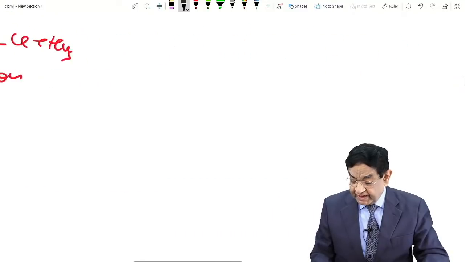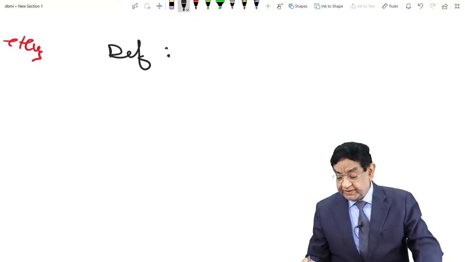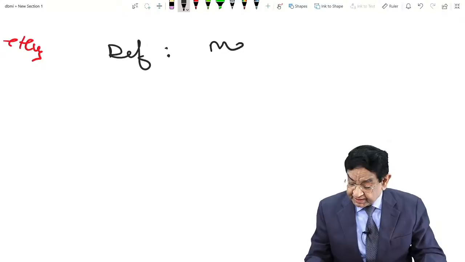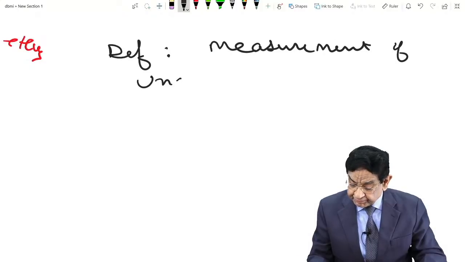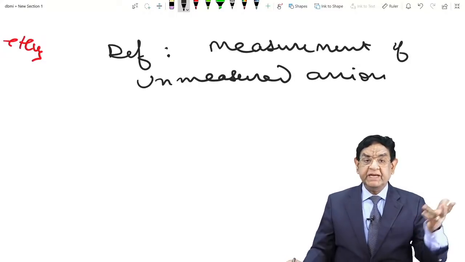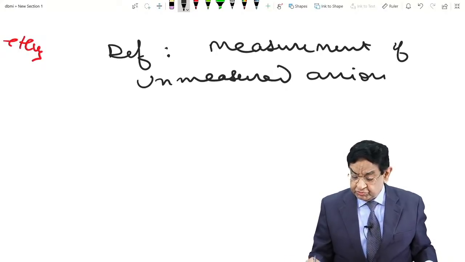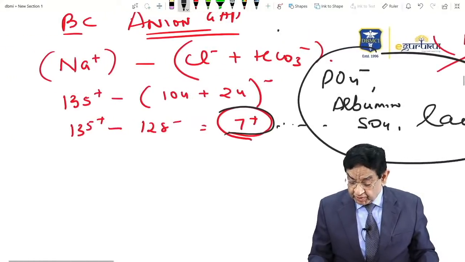So now if I have to give you a definition of anion gap, what's the definition? It is the measurement of unmeasured anions. Unmeasured anions means sulfate, phosphate, lactate, which we have not taken into consideration. So this is the anion gap. Agreed? So we learned the basic, what the anion gap is.